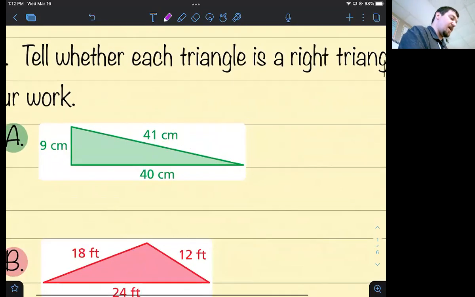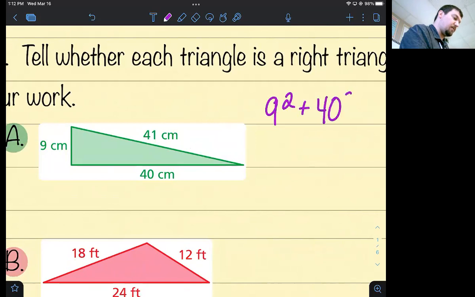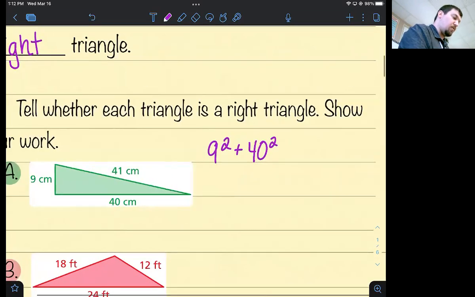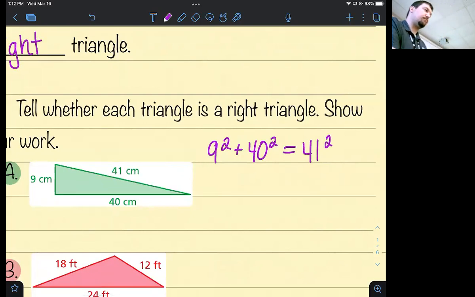If it were a right triangle, then 9 squared plus 40 squared would equal 41 squared. Chloe, what's 40 squared? Okay.